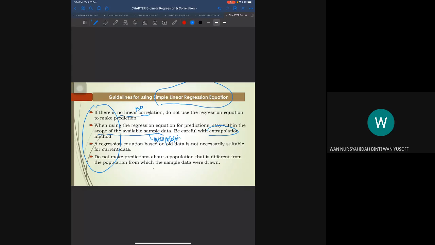Let's say you construct an equation from the data of population A. We cannot use the equation from A to predict something from B. You have to construct its own model to predict population B.